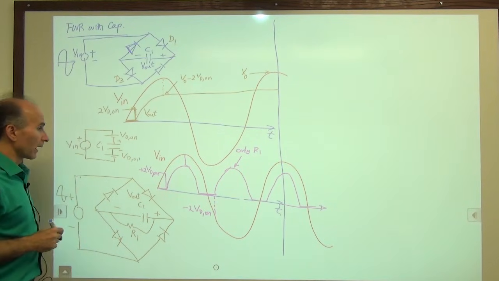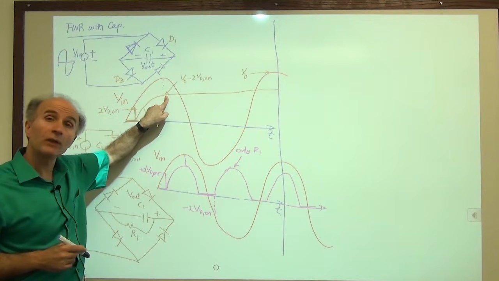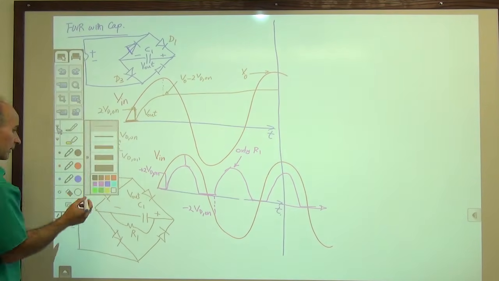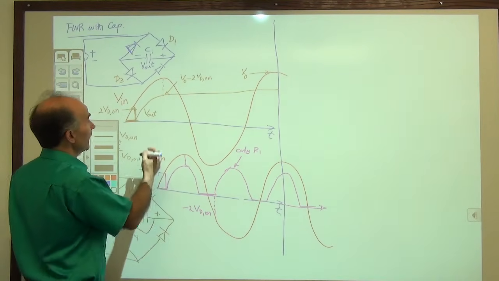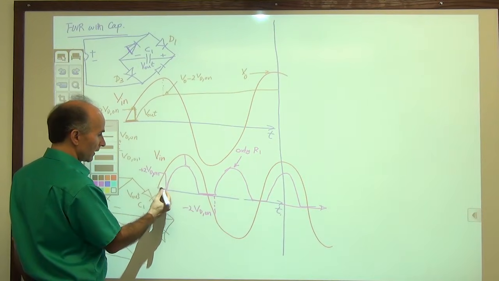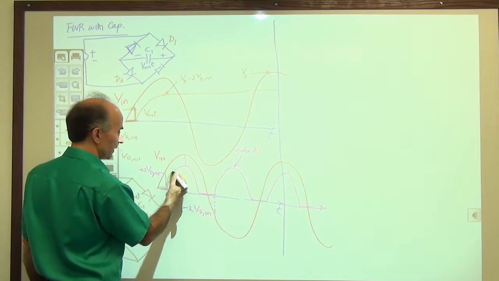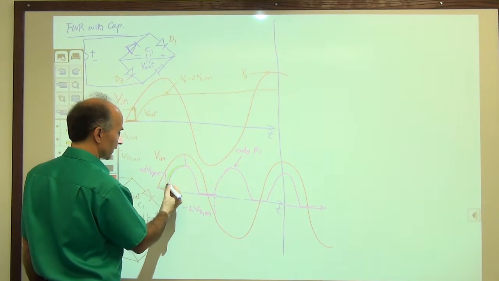Okay, now let's plot this one as well. This is for only a capacitor. So I will change the color of my pen. I don't know if this green shows, hopefully it does. So if we have only a capacitor, then we start from here. We go to this peak. These are coincident, but I just have to plot them a little bit separately.